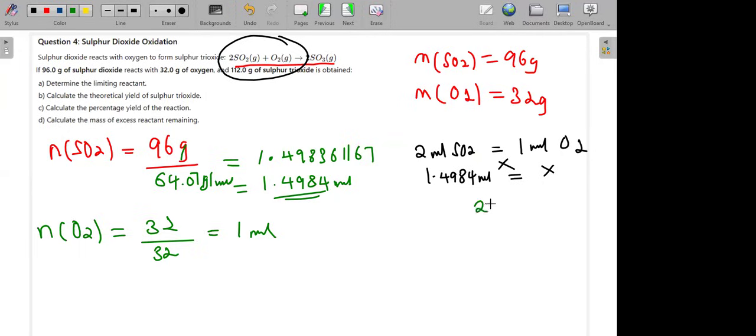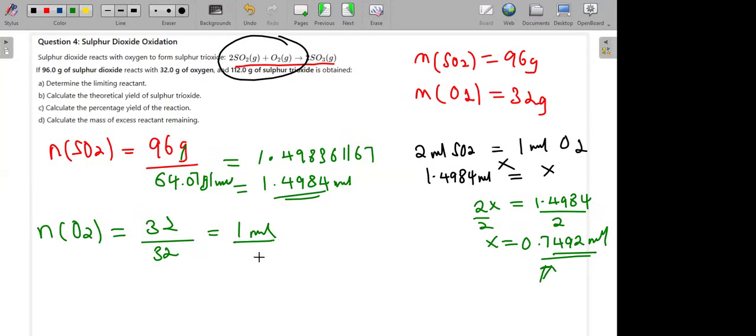So 2x is equal to 1.4984, and dividing 1.4984 by 2 gives 0.7492 moles. This simply tells us that 1.4984 moles of sulfur dioxide only needs this amount of moles of oxygen.